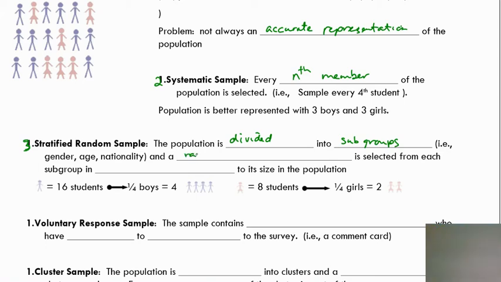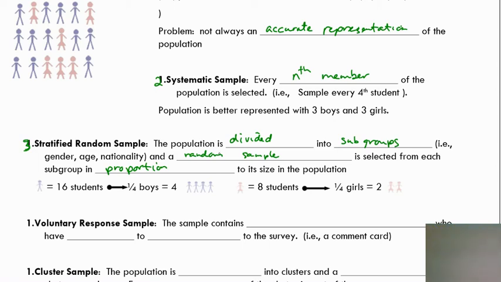And a random sample is selected from each subgroup in proportion to its size in the population.